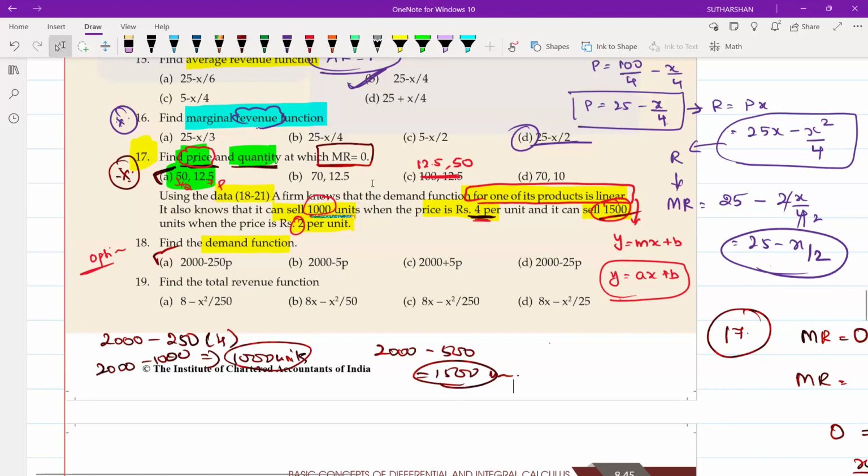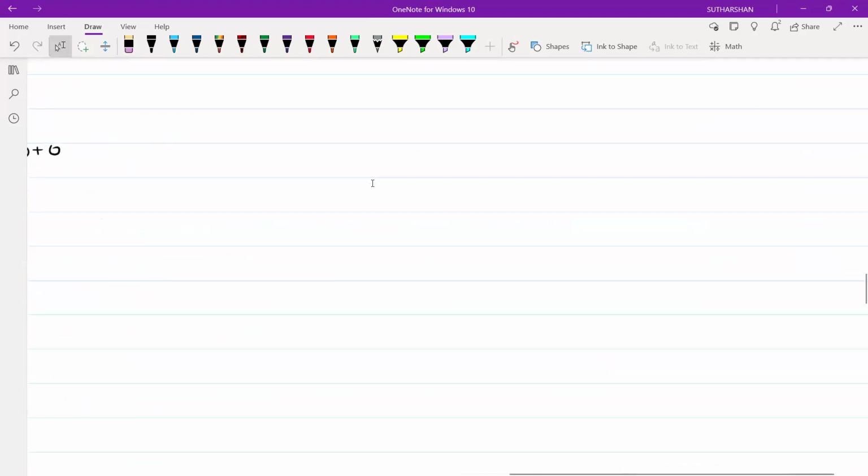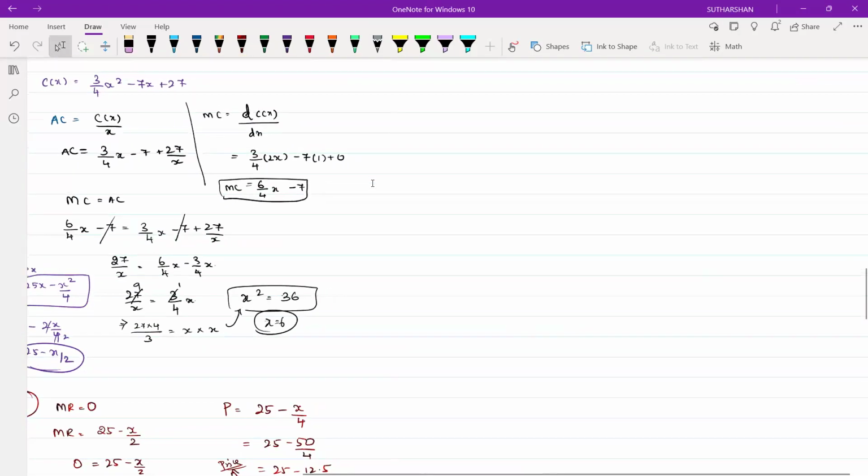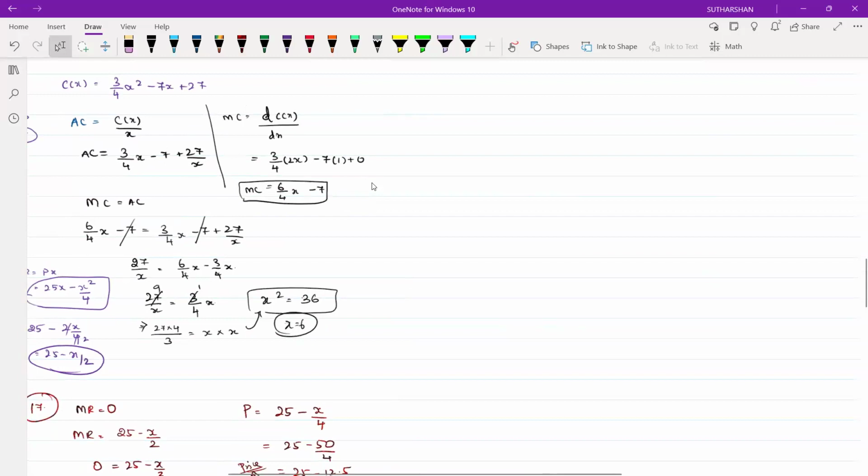Just listen. The page is visible to you. As we know, X is your output, so X is going to be your demand function. And P is nothing but your price, right?